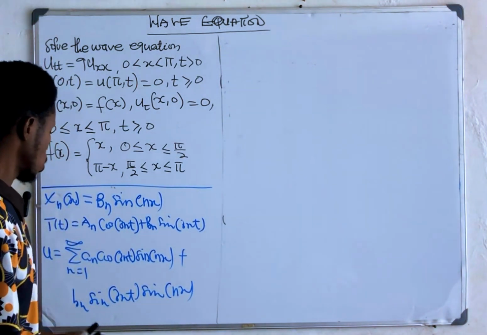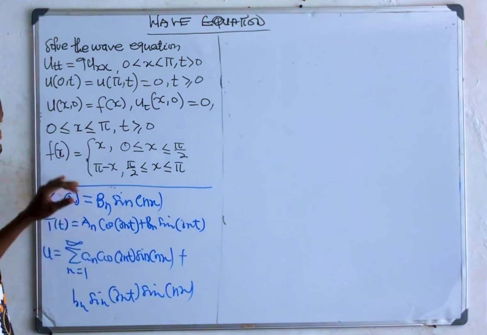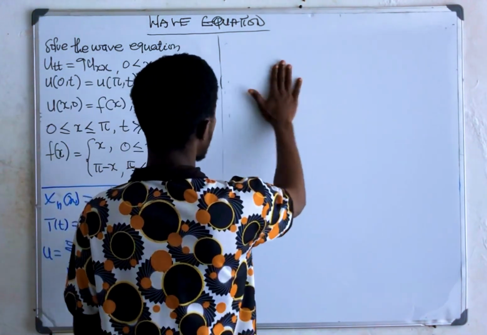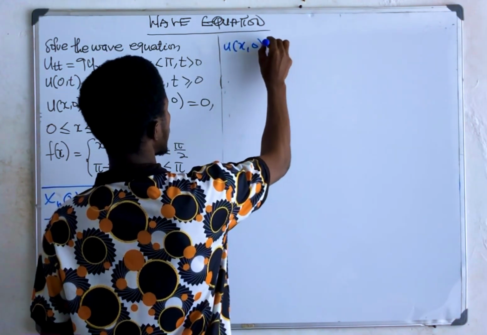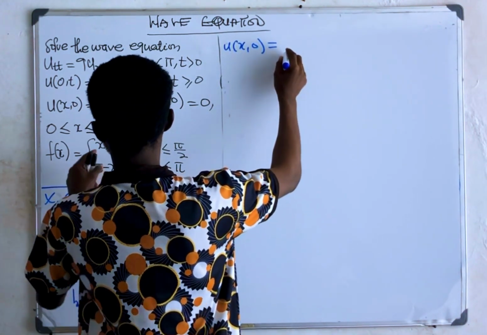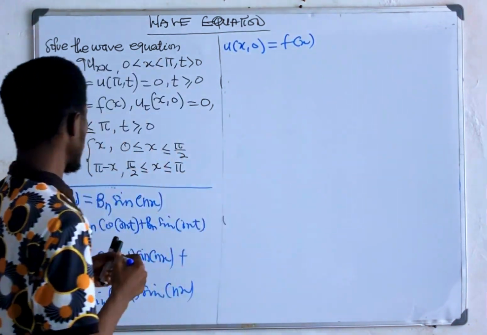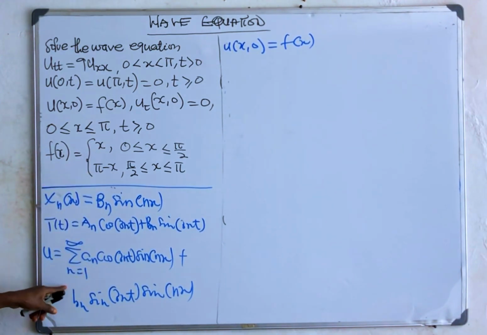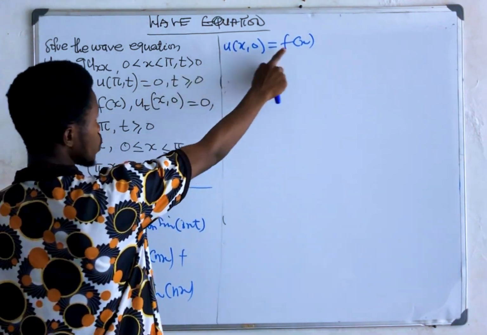So for this, let's apply the initial condition. The first initial condition is given as this: u(x, 0) equals f(x). Now the f(x) is in two parts, this and that. So let's substitute first. The meaning of this is that u is equal to f(x).